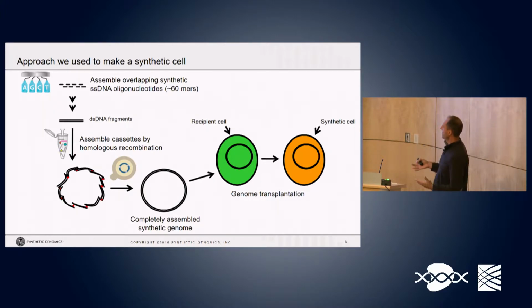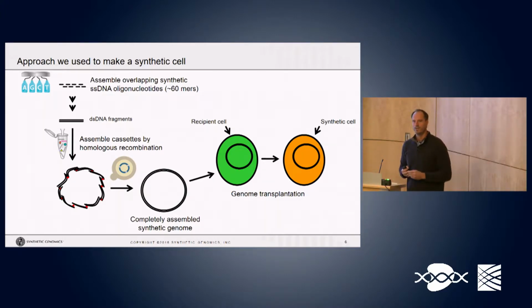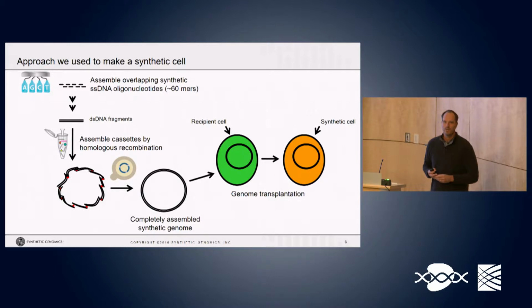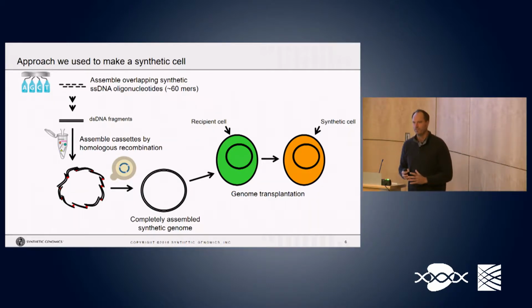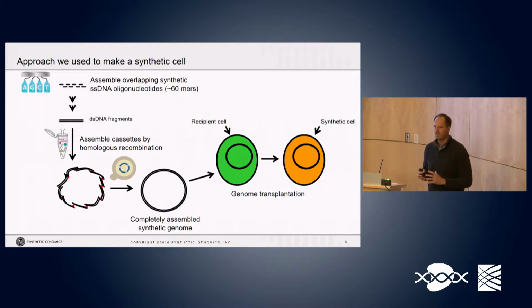And the third breakthrough was finding that we could move those whole chromosomes out of yeast into recipient cells and reprogram those cells based on the DNA sequence that's coming out of those yeast cells. And in some cases, even converting one species to another species.